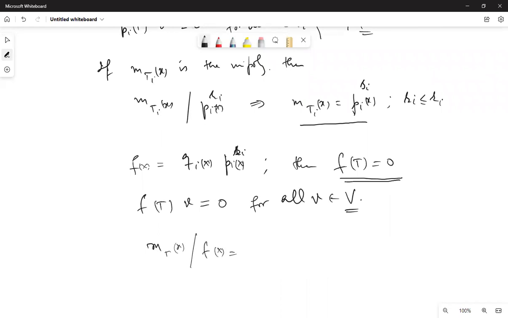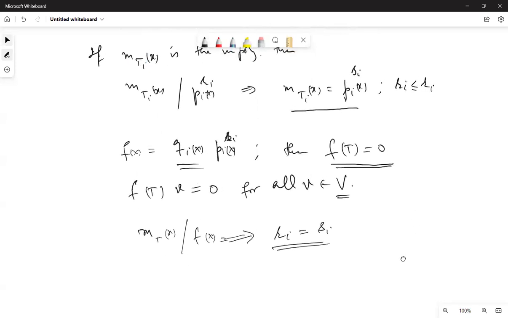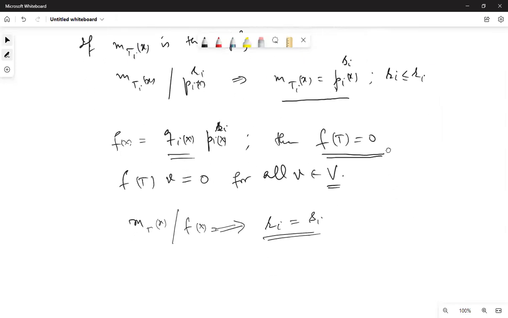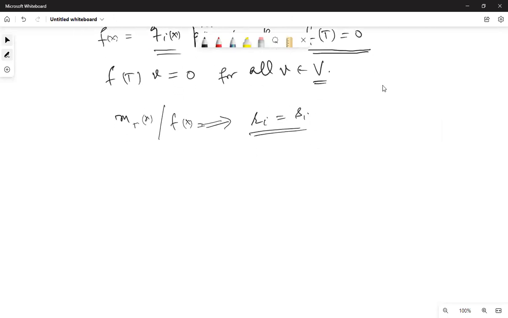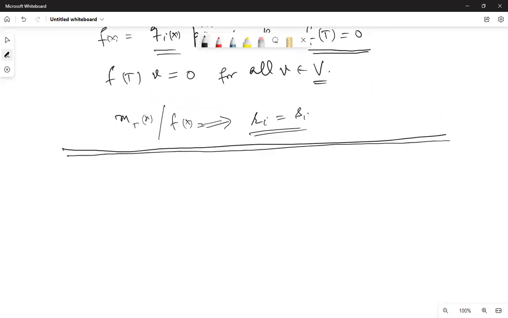But f(x) is what? This, where Qi(x) would go with Qi(x), but this would go only when ri is exactly equal to si. All right. So we finally got that m_Ti(x) is exactly Pi(x) raised to the power ri. This is a fundamental important theorem for canonical forms.